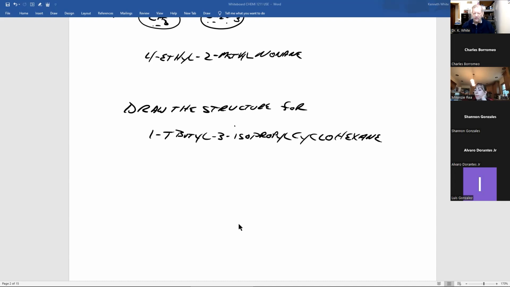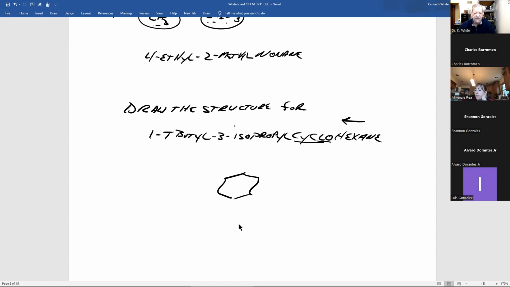All right, let's do this. How do you decode a name? You start from the right, move left. ANE ending tells you it's either alkane or cycloalkane: hexane, 6 carbons, cyclo or ring. And every bend in a line is a carbon.